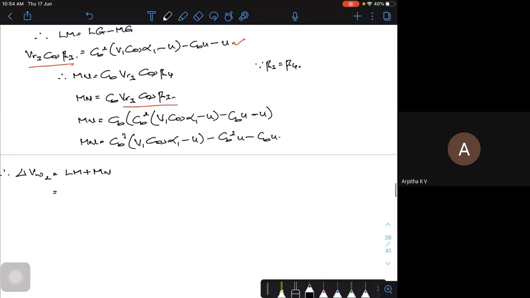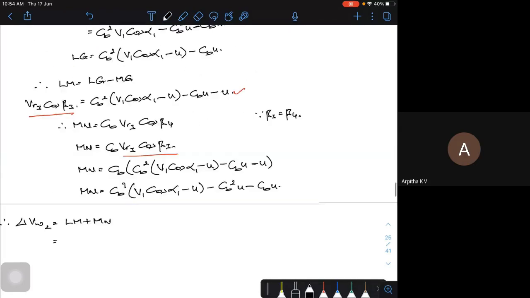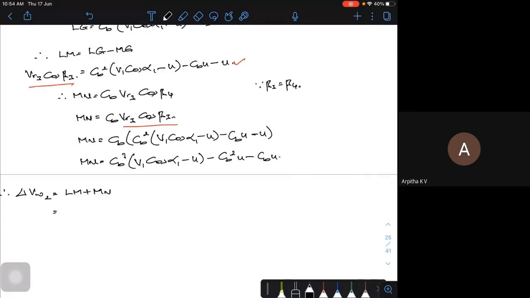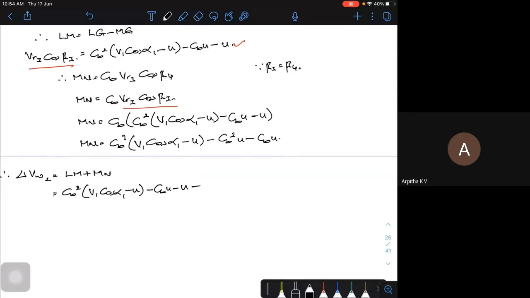Lm is equal to Cb square into V1 cos alpha 1 minus U, minus Cb into U minus U, plus Mn, that is Cb cube into V1 cos alpha 1 minus U, minus Cb square into U, minus Cb into U.